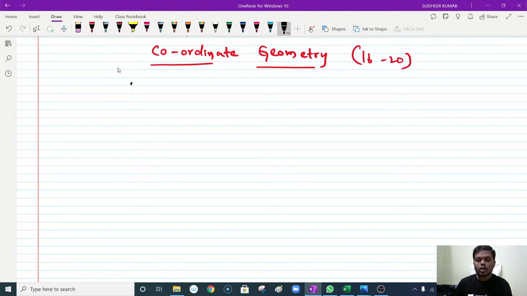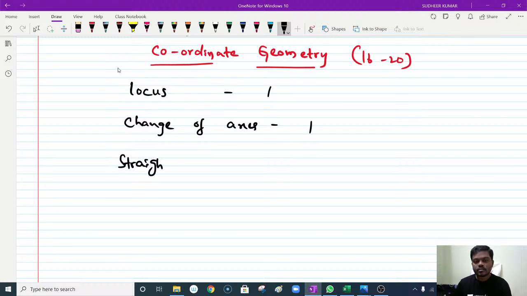The first one is locus, 1 mark. Change of axis, 1 mark. Straight lines and pair of straight lines, 4 to 5 marks.